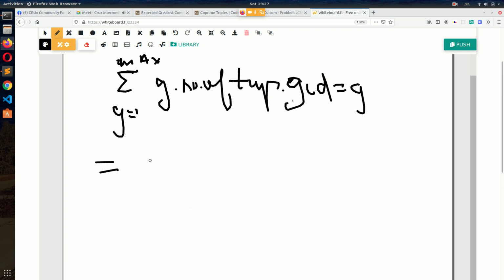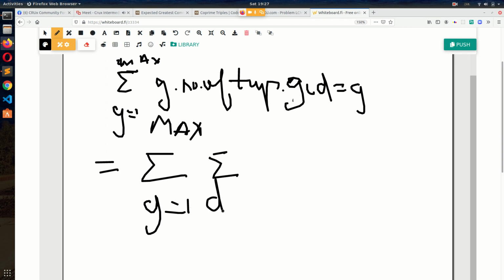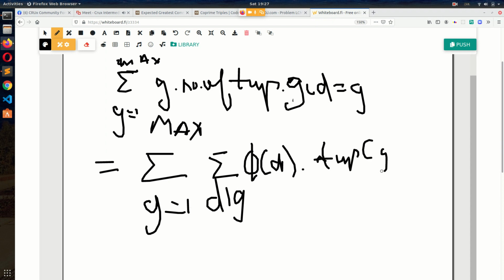So g becomes, the sum is over all g's up to max, but the sum becomes over d dividing g, phi of d times the number of tuples of gcd g, right?